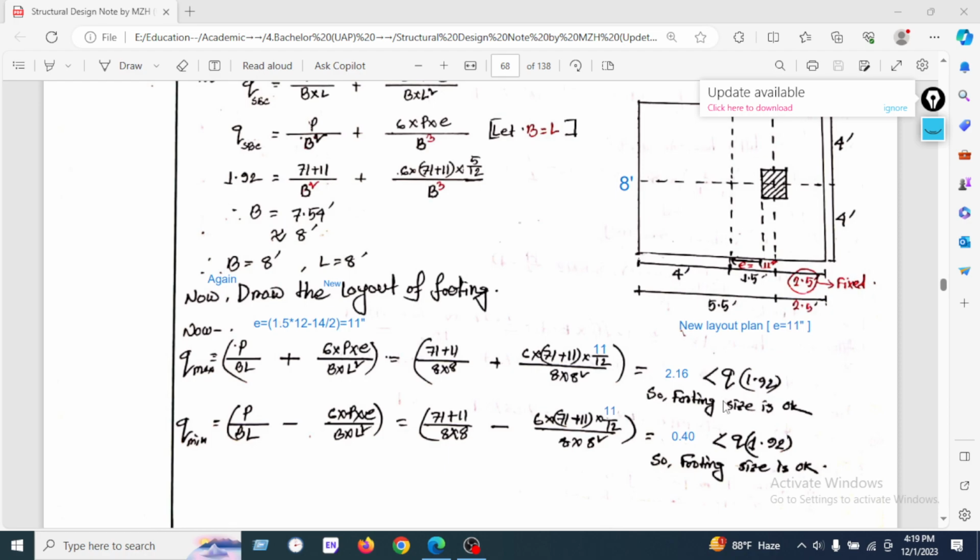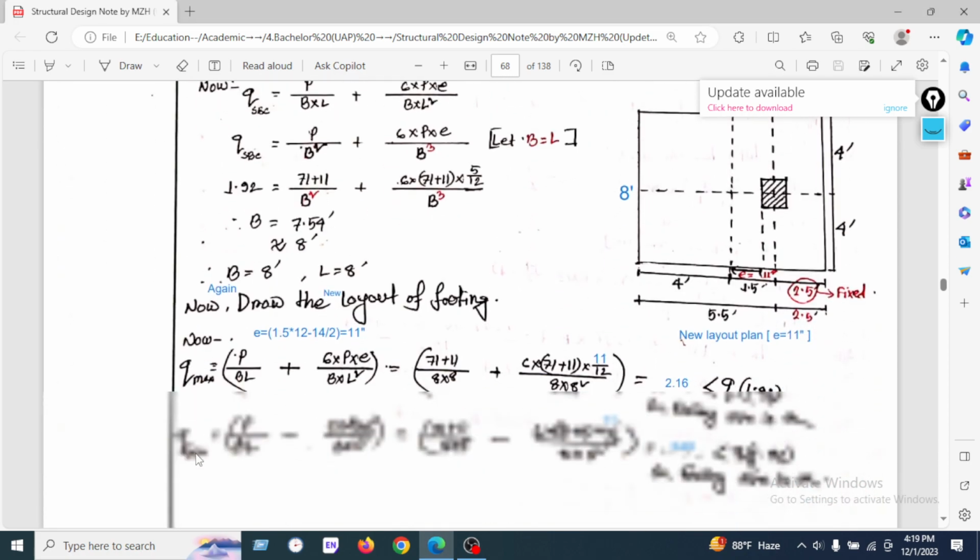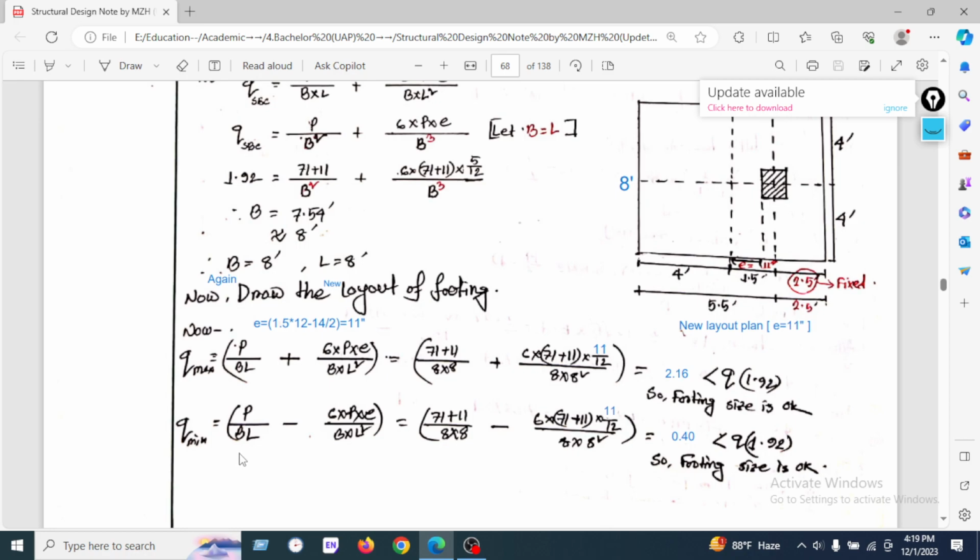which is greater than the soil bearing capacity. And the other one, the minimum soil pressure, will be minus, and we have found 0.80.